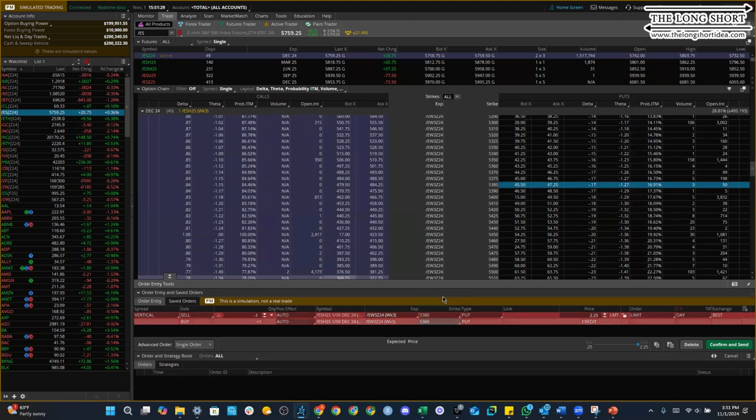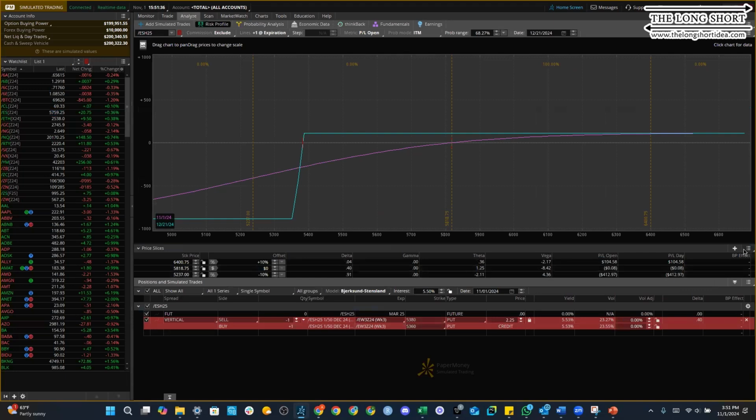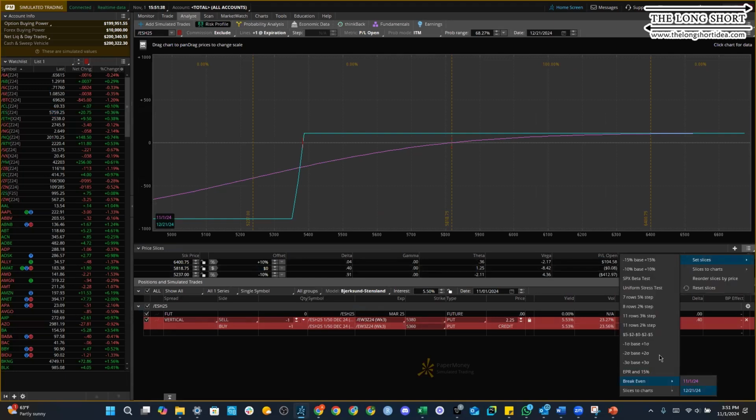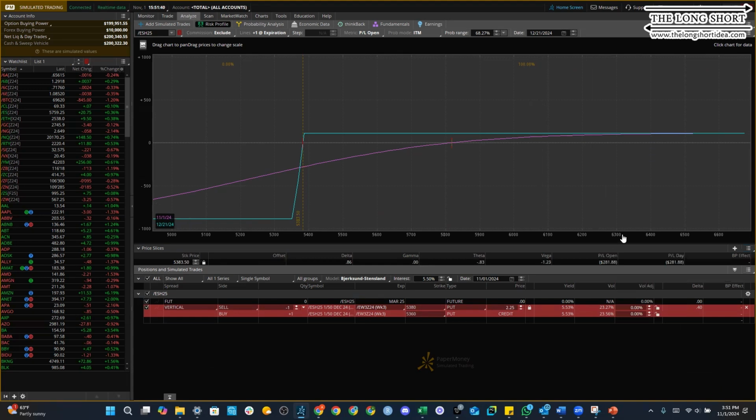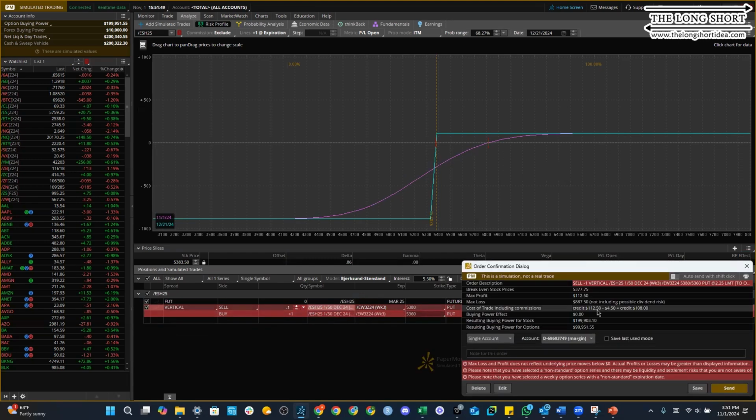So I'm buying it at 53.60. Okay, great, this is almost a similar amount of credit. Let's take a look. 12.21. Something is off, this chart is not perfect, but look, I'm collecting the same amount of credit. If I go confirm and send, I'm collecting $112.